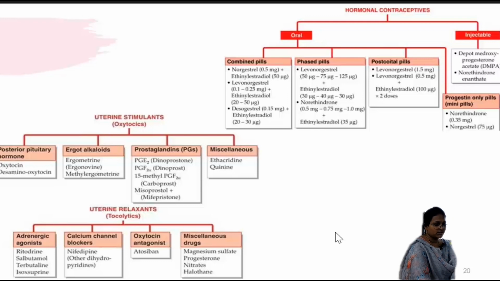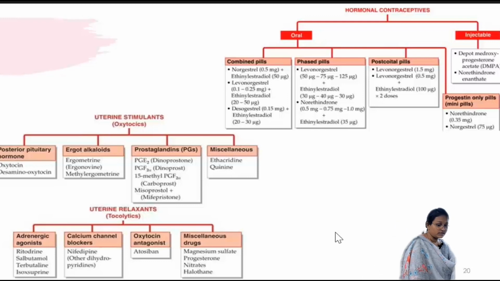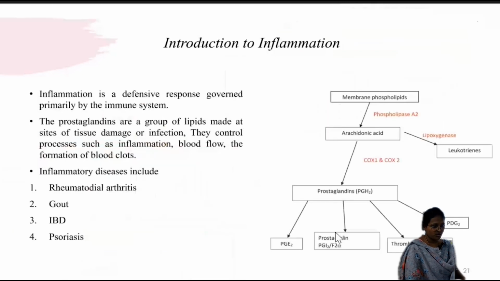Coming to inflammation, inflammation is a defensive mechanism of our body in the immune system. It is the first response of the immune system. When inflammation is seen, prostaglandins are present near it. They are a group of lipids at the tissue damage area, which cause inflammation, blood flow, and the formation of blood clots.